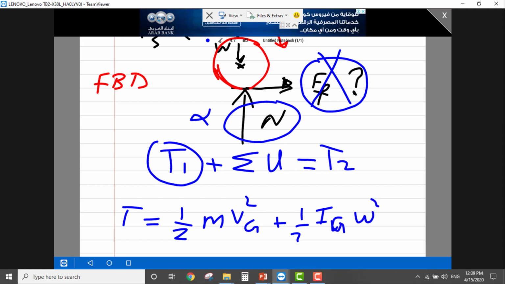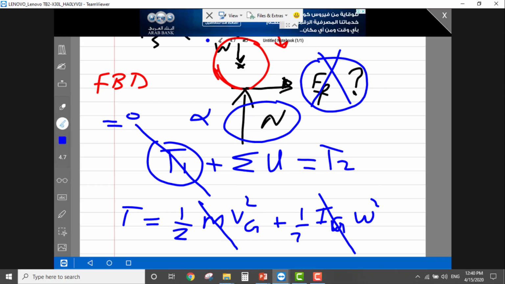In state 1, the wheel is at rest, there is no stretching even. Since it is at rest, velocity is 0 and omega is 0, so T1 goes to 0. But in state 2, there is a certain velocity and a certain displacement, so there is a value for T2.